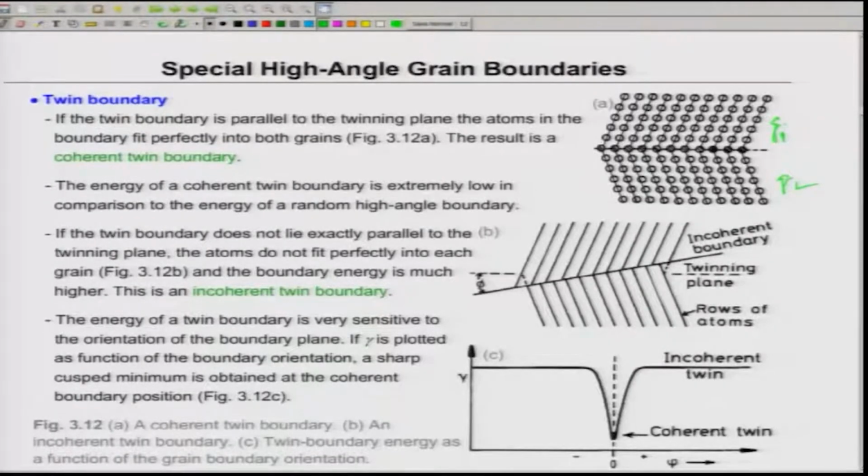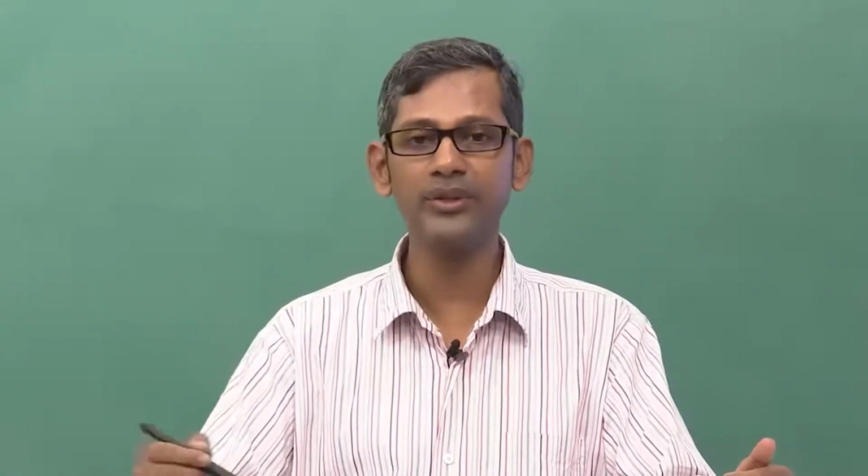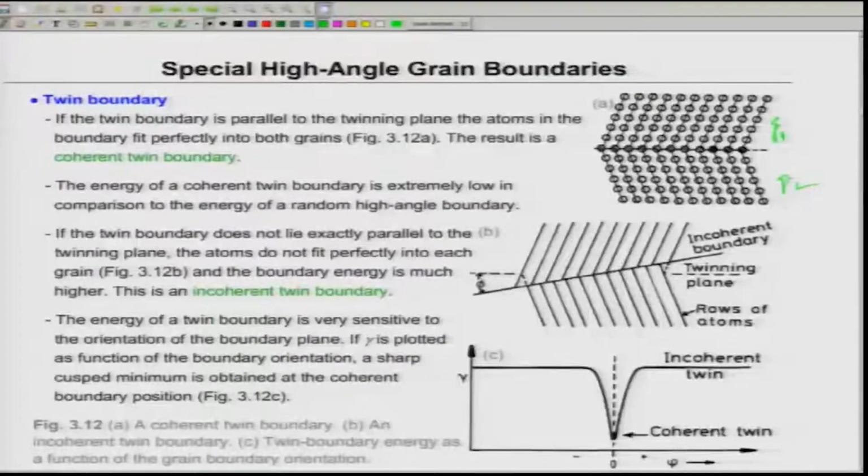That means you do not need any misfit dislocations to accommodate any difference in the atomic fitting. Such a boundary is known as a coherent twin boundary, because atoms are matching perfectly with each other, atomic planes too. The only thing that makes them different is that orientations are changing from grain 1 to grain 2, and the change of orientation is basically twin related. So, this kind of boundary, where there is an exact match of the atomic planes, will have very low energy. In fact, the energy can be as low as 1 millijoule per meter square. So, the energy of a coherent twin boundary is extremely low.